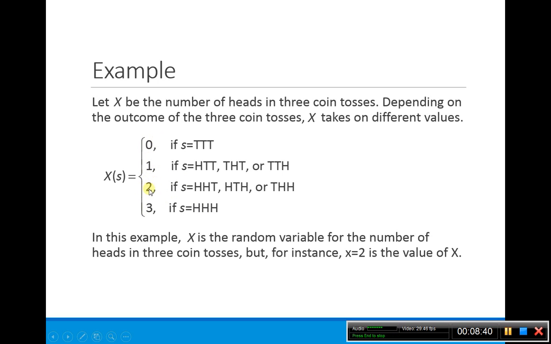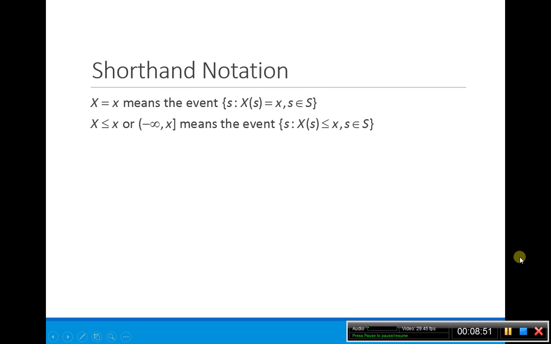And then our little x could be a number such as 2. Little x could be 0, 1, 2, or 3. But capital X is this mapping. Shorthand notation, which we're going to use quite a bit: capital X equals little x basically means the event that you get a little x when you look at the mapping of that event.